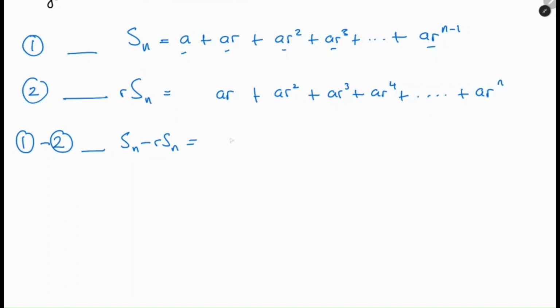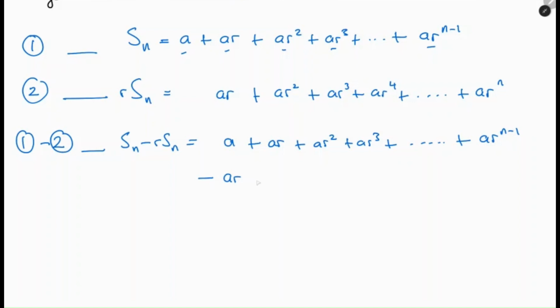Then on the right hand side, I'm going to write out all the terms, so everything first from equation 1, and then I'm going to subtract all the terms from equation 2.